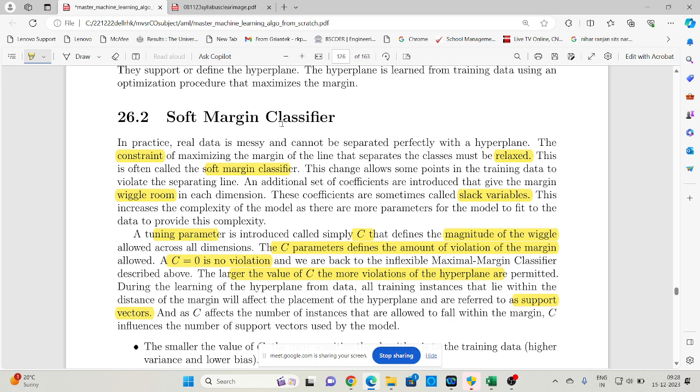So soft margin classifiers are those with relaxed constraints. We'll be using a few coefficients which will create a wiggle room in each dimension. Wiggle room in each dimension means relaxing the constraints. So these coefficients are called slack variables.